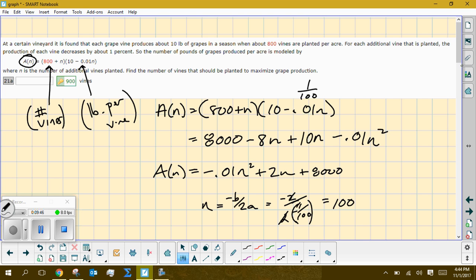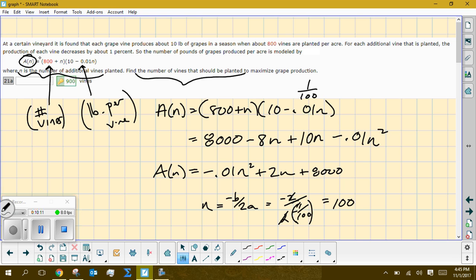So that tells me the additional number of vines that I could plant. It says find the number of vines that should be planted to maximize grape production. N, remember, is the number of additional vines. They want to know the number of vines that you should plant. Well, 800 was what we started with.